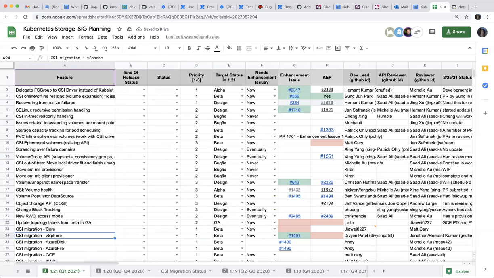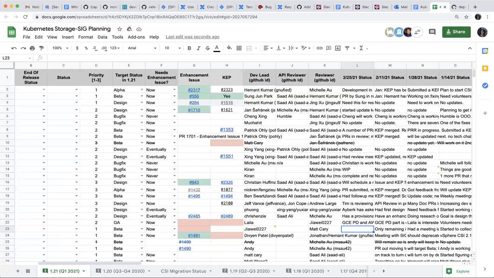All right, next one is the CSM migration core. So who's working on this? For the core, in the last 2 weeks we had all the metrics PRs merged. So now we have the metrics for the CSM migration.